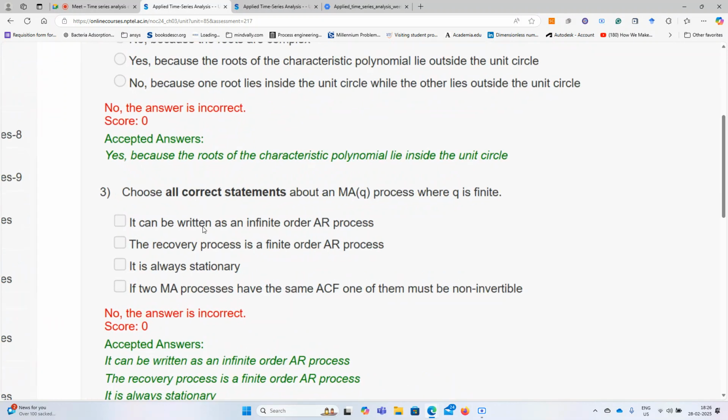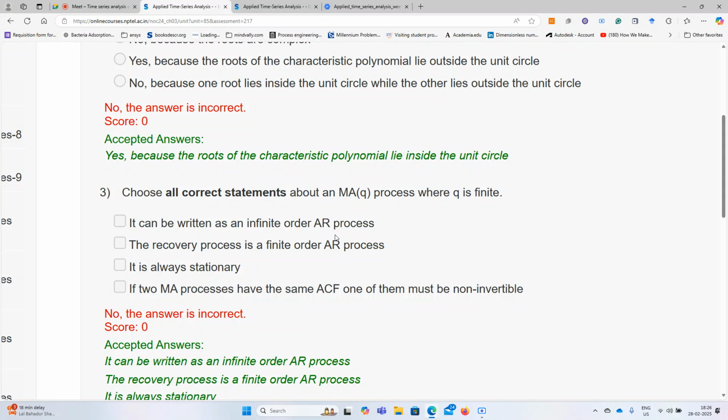Let's see one by one what the answers are. So it can be written in infinite order. Yes, obviously when you write it, the coefficients might be negligible or zero, but yes, all of these random processes can be written as a function of infinite order.